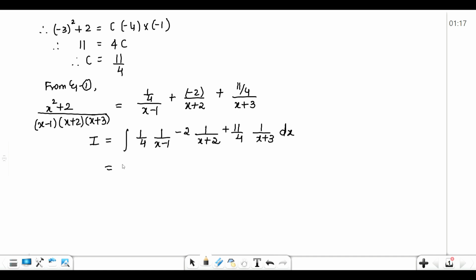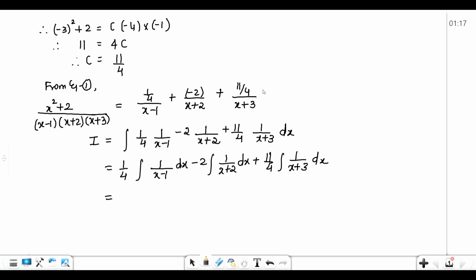Let's just integrate individually. 1 by 4 integration of 1 upon (x minus 1) dx, minus 2 integration of 1 upon (x plus 2) dx, plus 11 upon 4 integration of 1 upon (x plus 3) dx. Here, if you just remember the formula, the integration of 1 upon x dx was log of mod x.